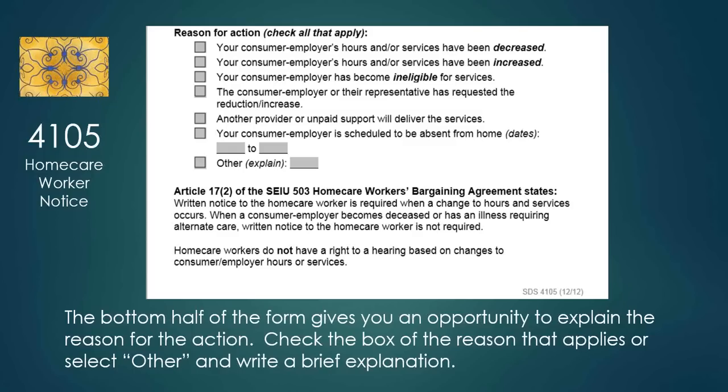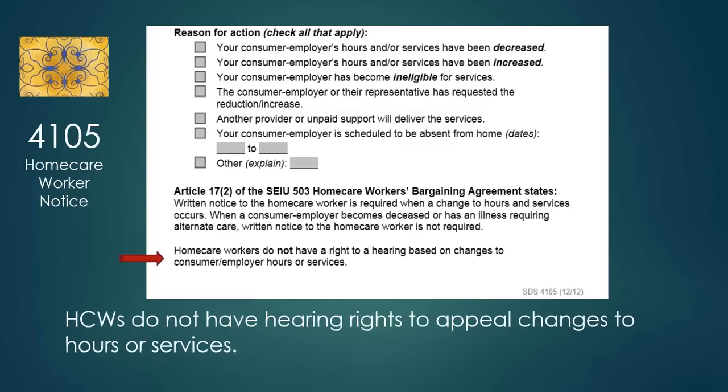So this is the way that we will fulfill the bargaining agreement. Okay, so let's remember that home care workers do not have a right to a hearing based on changes to hours or services. So if a home care worker calls and wants some kind of a hearing because their hours have been changed, there's no such thing as a hearing for a home care worker.